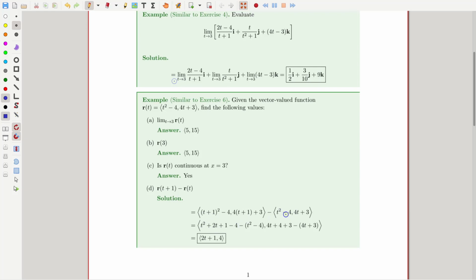Then we subtract off minus 4 also, and then minus the quantity t squared minus 4. And that's all the x component function. The y component function, you get 4t plus 4 plus 3 minus the quantity 4t plus 3. Then cleaning this up, getting rid of common terms, you'd get the vector 2t plus 1 comma 4.